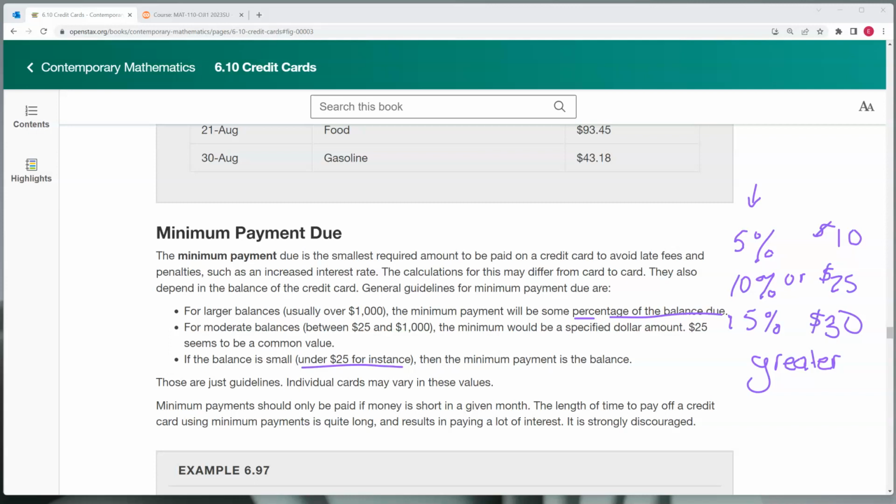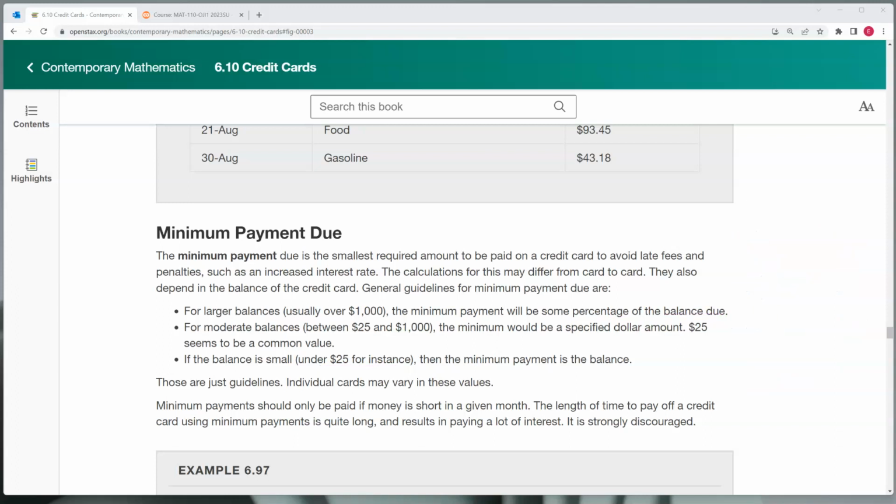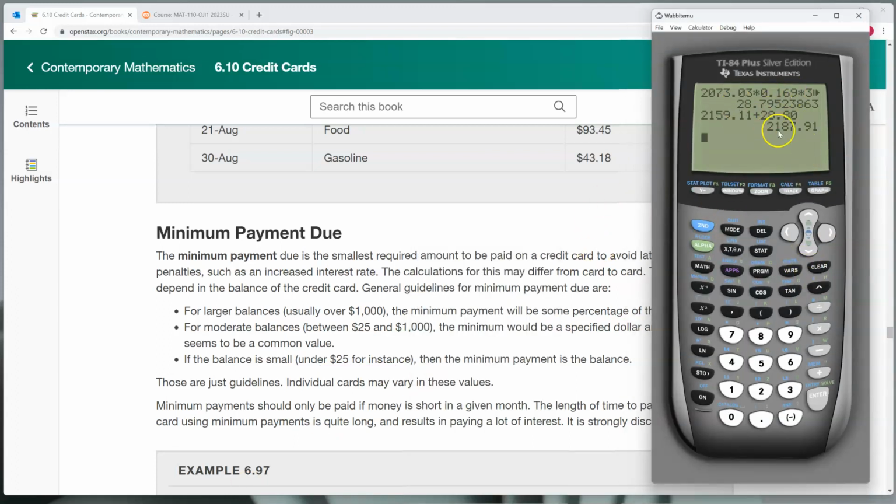So just to kind of show you that in terms of, for example, here, in this last example we did, if it was said, 10%, then it would be $218 or let's say $40. Which one's higher? So this credit card would say your minimum payment's $218.79, or 80 cents rather, because we're going to round up, because you need to pay the percentage of the amount that's on the credit card rather than just the minimum dollar amount, because you're carrying a higher balance.